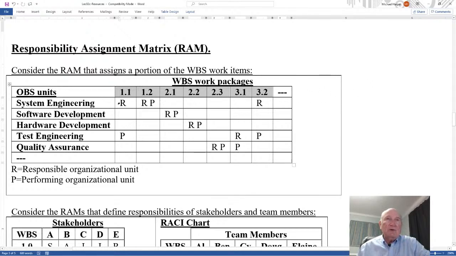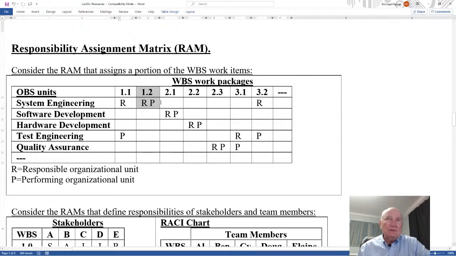Then the responsible organizational unit here will say, system engineering will be primarily responsible for 1.1 and 1.2, and then 3.2. Notice in some work breakdown packages, you're going to have a responsible unit and a performing unit. Sometimes it's the same.